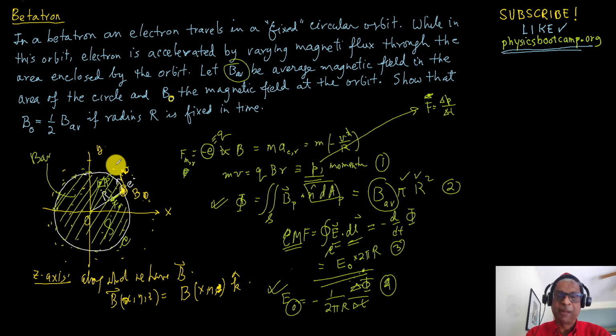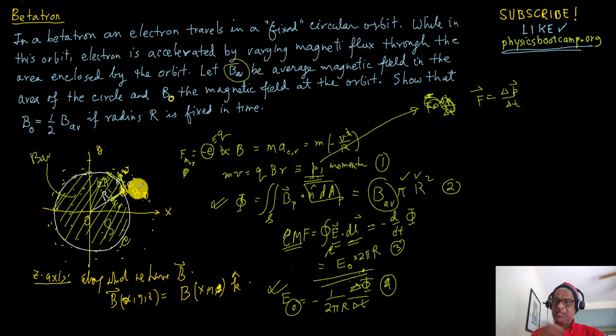So this force was radial, right? But the change in momentum vector, the delta P vector. So momentum is pointed this way over here, and then this way over here.